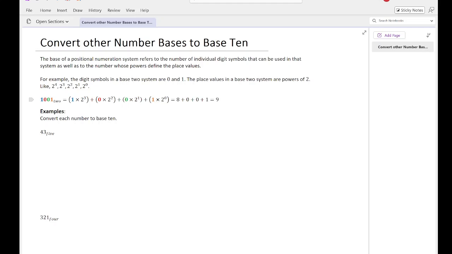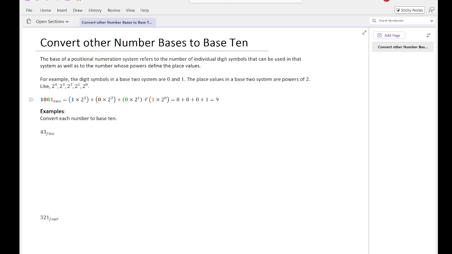So this last 1 is multiplied by 2 to the 0, which is 1. This 0 is multiplied by 2 to the first. This 0 is multiplied by 2 to the second. And this 1 is multiplied by 2 to the third, which will give you 8 plus 0 plus 0 plus 1, which is 9 in our base number system. So 1001 base 2 is the representation for 9 in our number system.